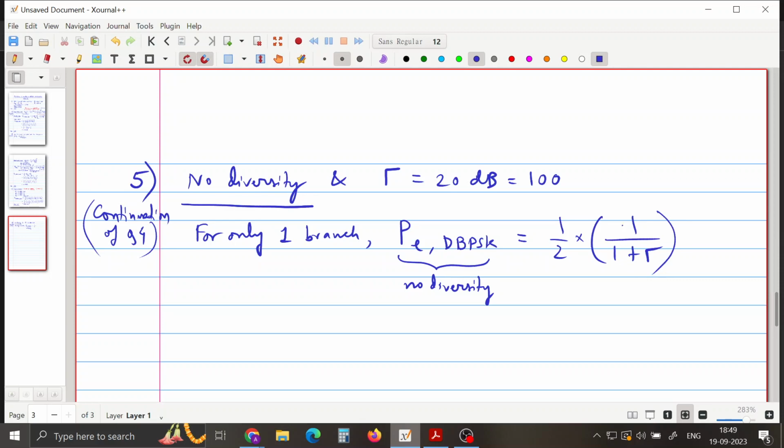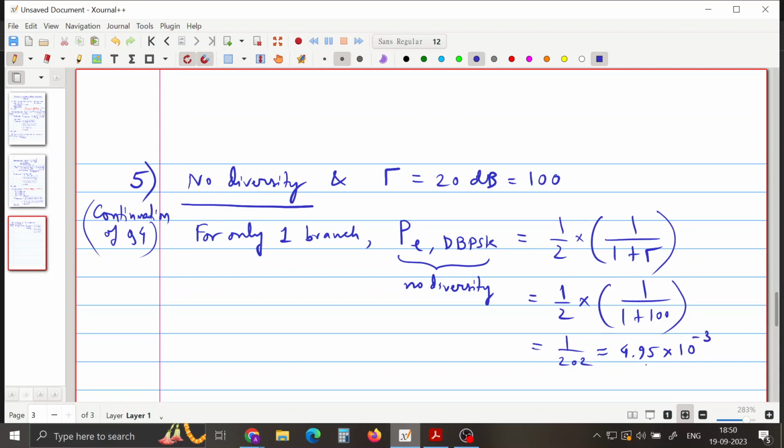That's the only term, no gamma 1, gamma 2. Then you put gamma equals to 100. So this would be half times 1 by 1 plus 100, which is 1 by 202, which is 4.95 into 10 to the power minus 3.